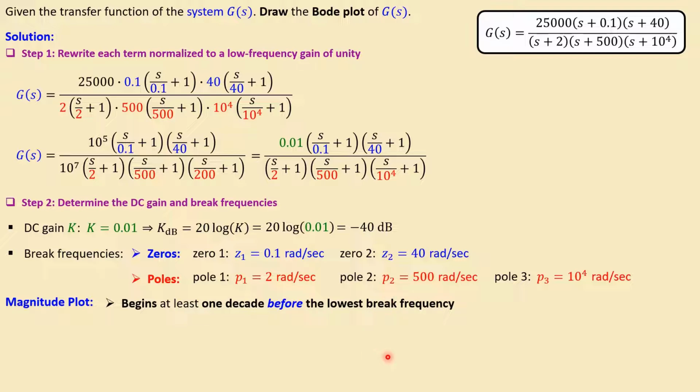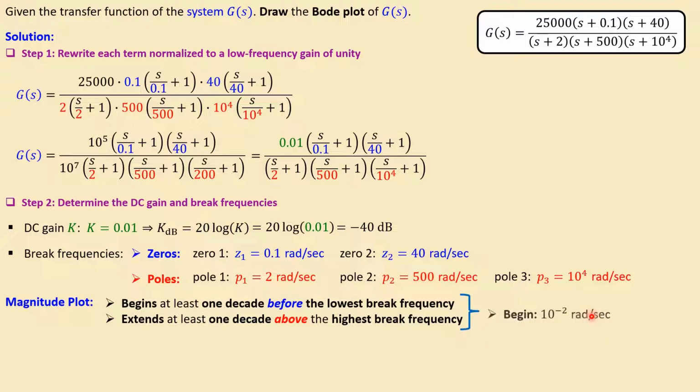So you start at 0.01, so 10 times smaller, and you extend your plot for magnitude also 1 decade above. So in this case, the highest is 10 times 10 to the power 4. So you move up to 10 to the power 5, so 10 times larger, so 100,000.